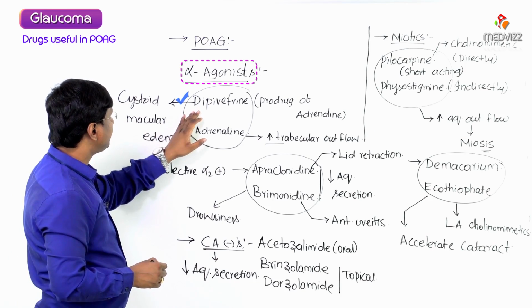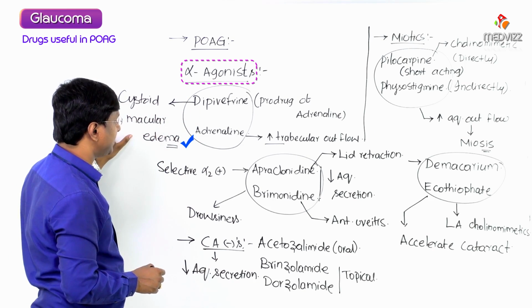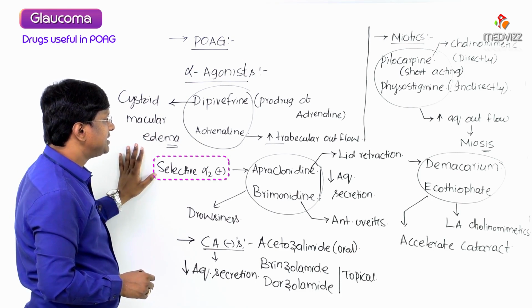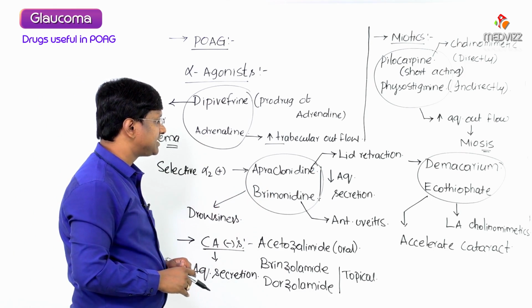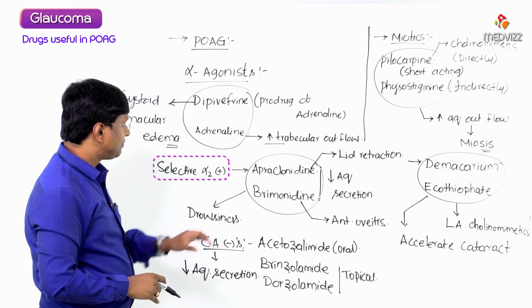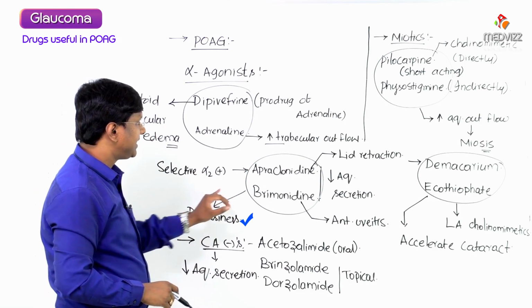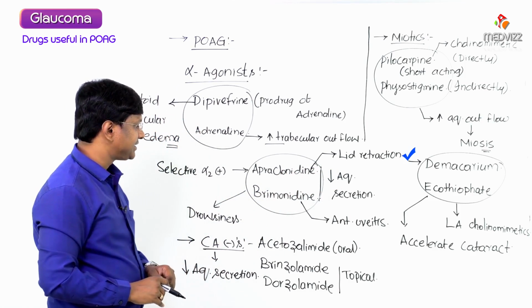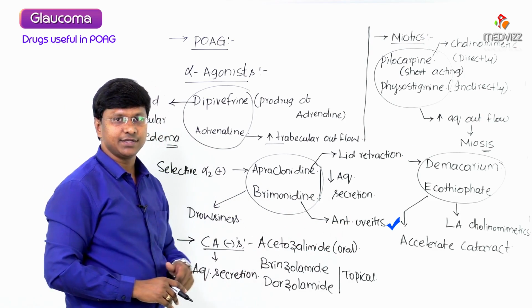Dipivefrin is associated with the development of cystoid macular edema. Then we have selective alpha 2 agonists, which include apraclonidine as well as brimonidine. Both of these drugs will cause drowsiness, whereas apraclonidine will cause lid retraction, and brimonidine will cause anterior uveitis.